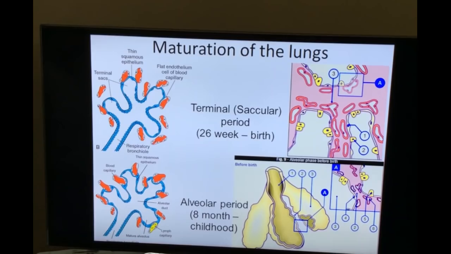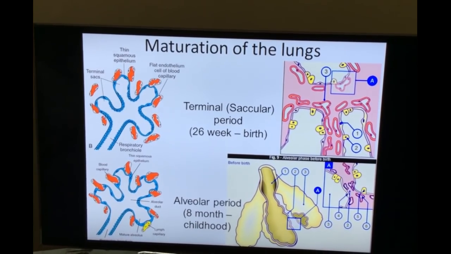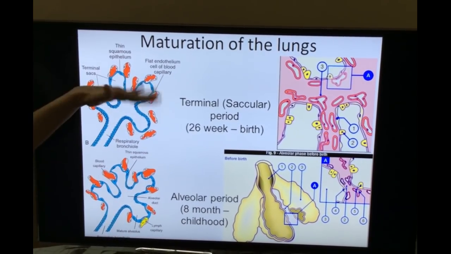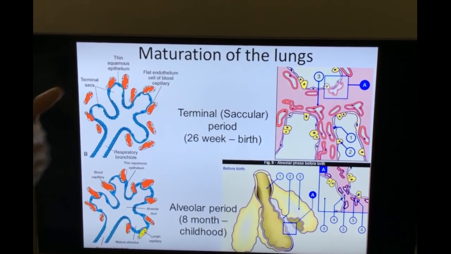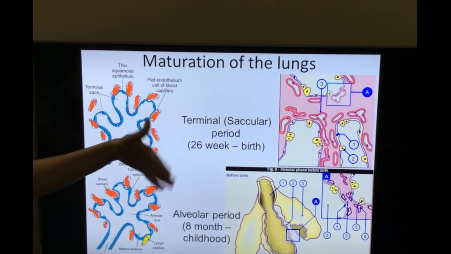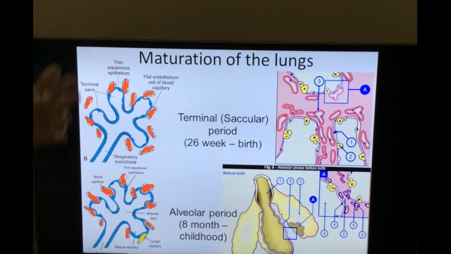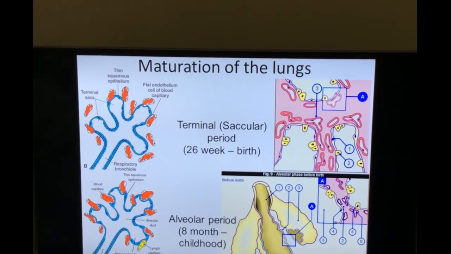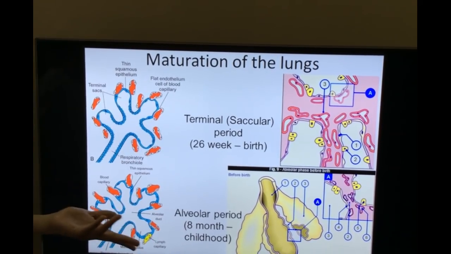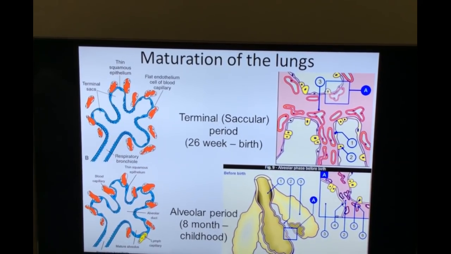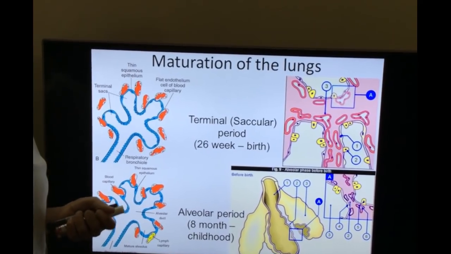Okay, so the production of surfactant will start at around the 8th month. After the 7th or 8th month, there will be production of surfactant, and the production goes on increasing, and by about the 34th week, the production increases.